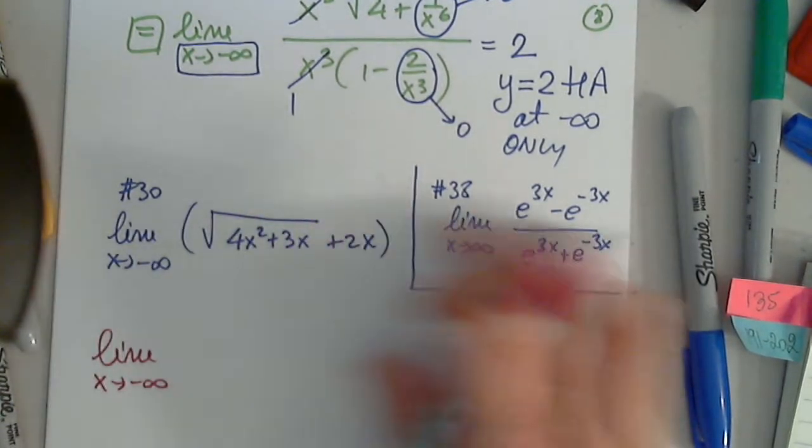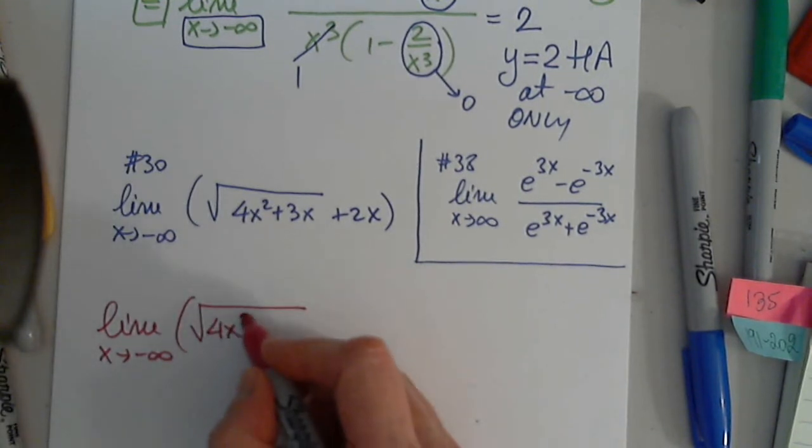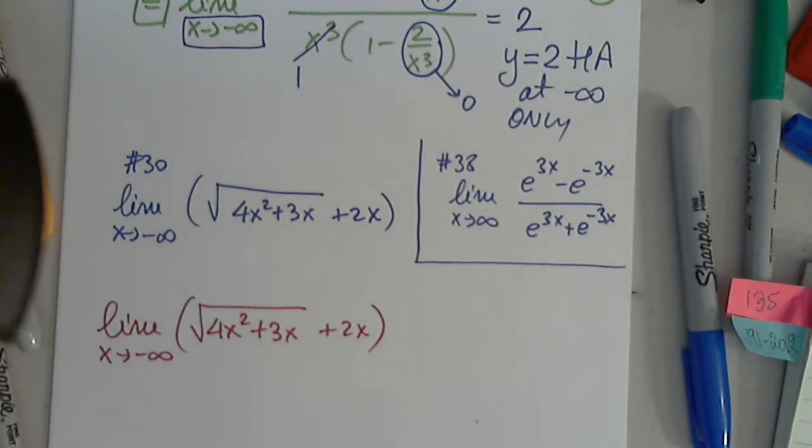I copied again because I don't have enough room. So the square root of 4x squared plus 3x plus 2x. Okay, what is the first thing we need to do? Anyone? Insert infinity into the equation. Yes, negative infinity.